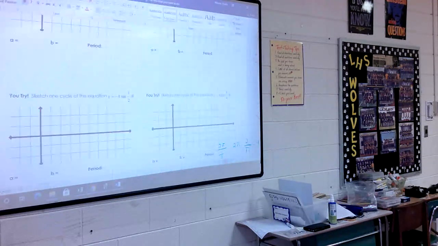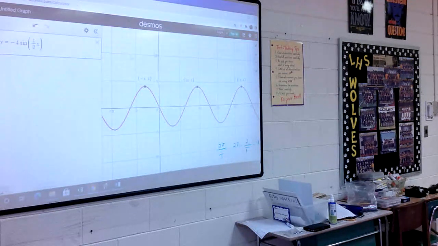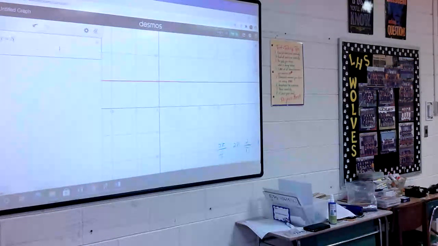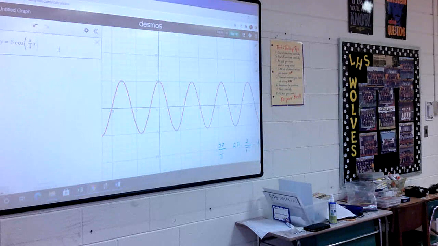The one on the right, 5 cosine of pi over 4x. So 5 is going to be our amplitude. Cosine of pi over 4x. And so you can see here, cosine, does it cross at 0, 0?